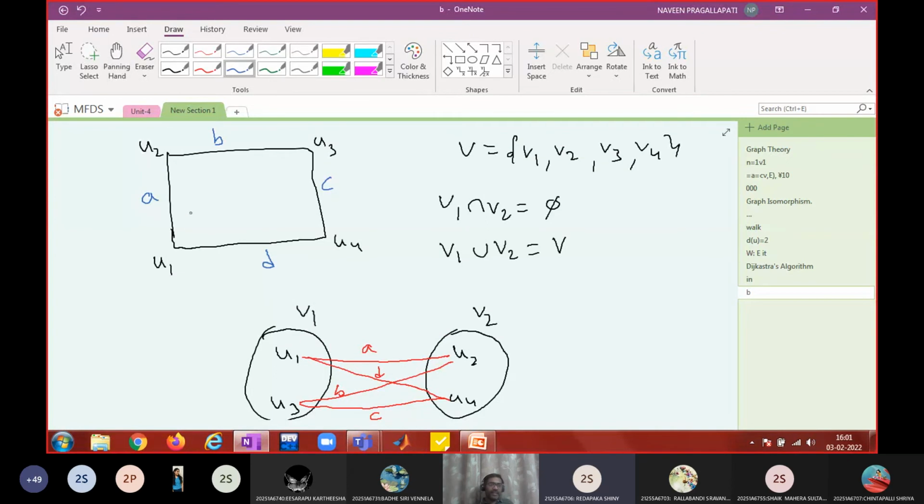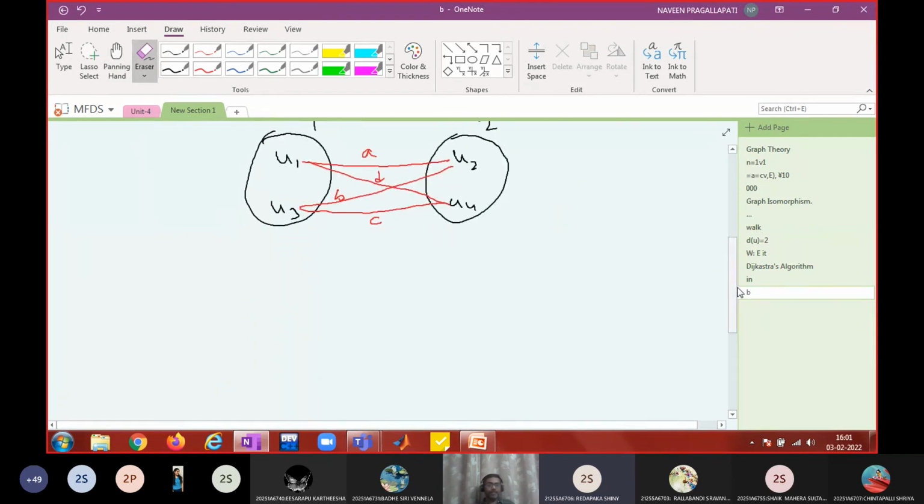If I draw a graph like this, suppose this is my graph, can you make a bipartite graph from this? Let me draw separately. Suppose it is like this, U1, U2, U3, U4.